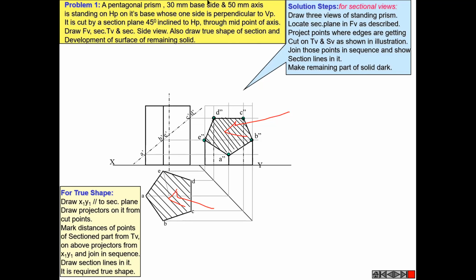If we observe the true shape, at that time we have to draw the shape which is parallel to us. So make the perpendicular line from all these points A, B and E, C and D, for making the true shape. This is the perpendicular line from all points, and this is another XY line which is parallel to this cutting section.